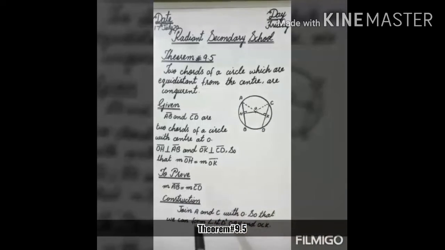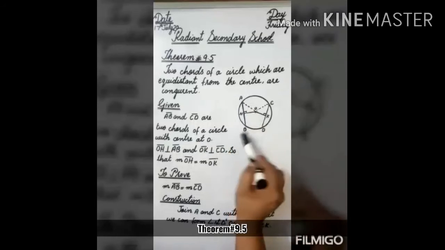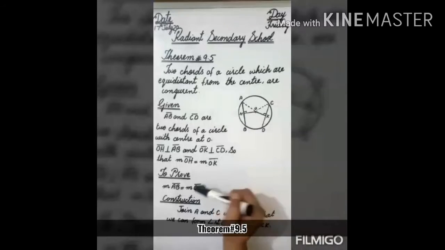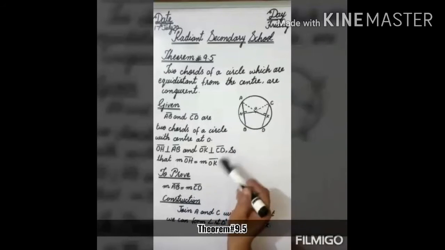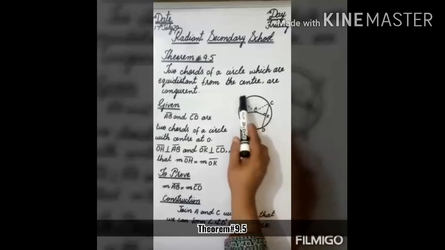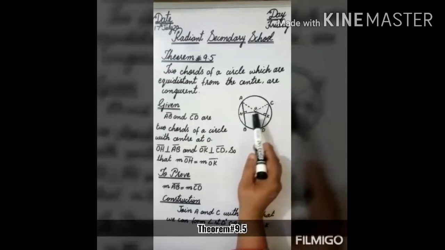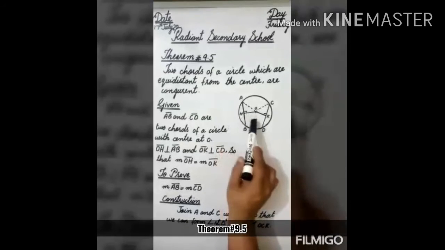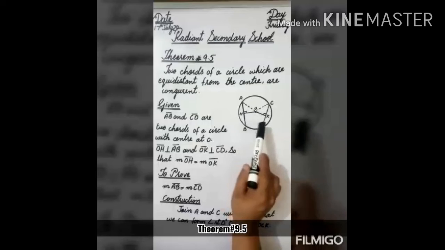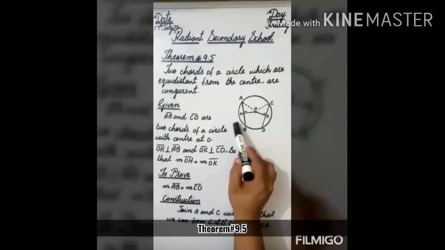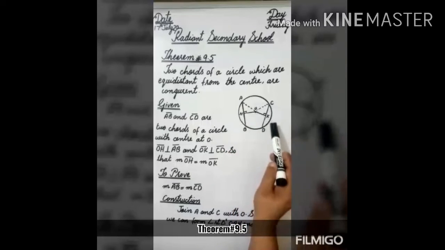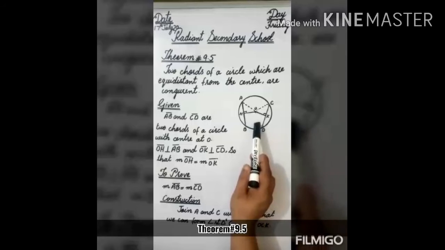Now what do we have to prove? We have to prove that measurement AB is equal to measurement CD, meaning the two chords AB and CD are equal in length. For this proof we have some construction. In this construction we just have to join A with O and C with O. After joining A with O and C with O, you can see that we have two right angle triangles, OAH and OCK, and you know very well about right angle triangles.